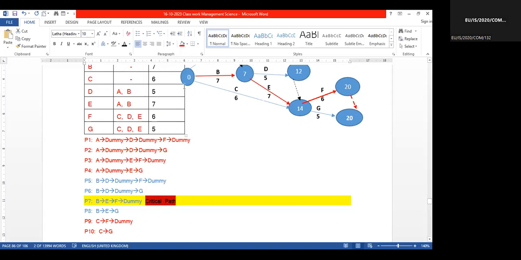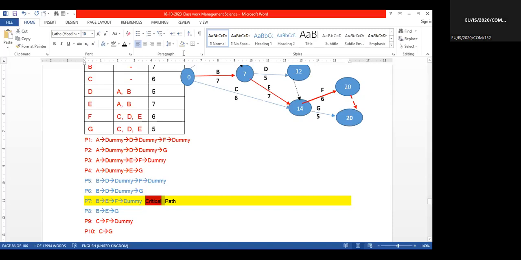Right, students, now you see this. You know that path number 7 is very important. You will agree with that. Path 7 is very important, but we don't know why.